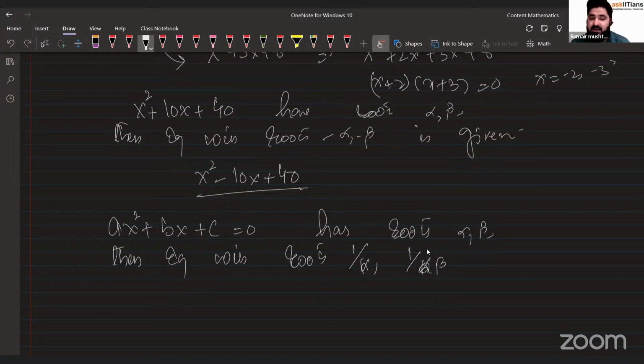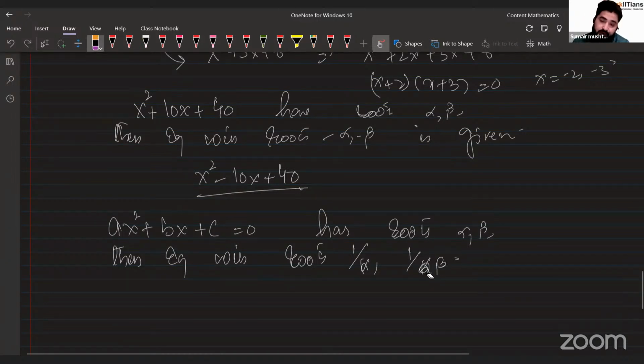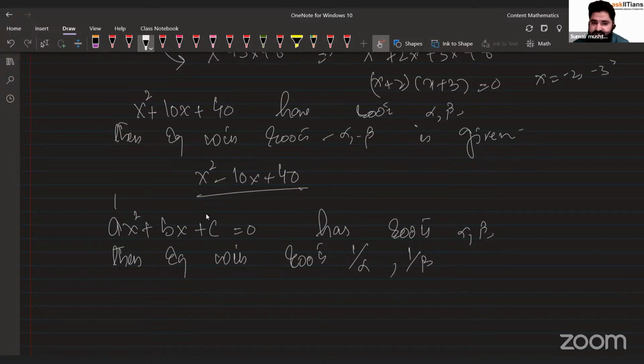How can I get that? Remember, if you need the reciprocal of the roots, you will interchange a and c. That means it will become cx square plus bx plus a is equal to 0. Simple.